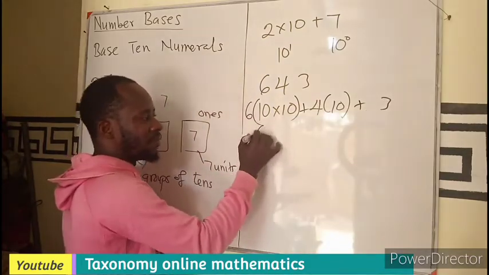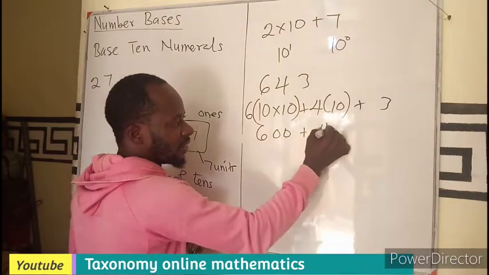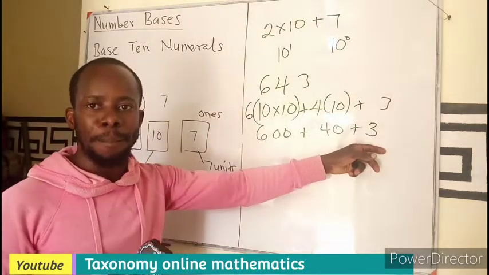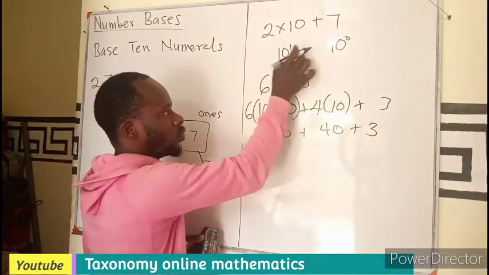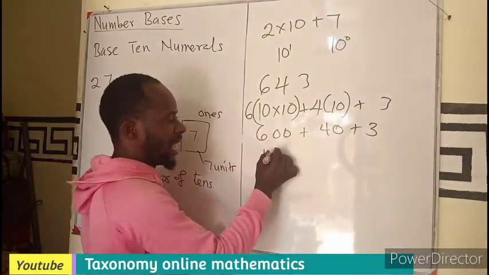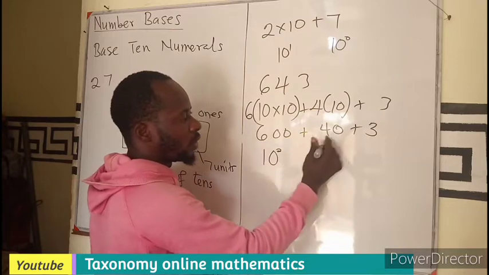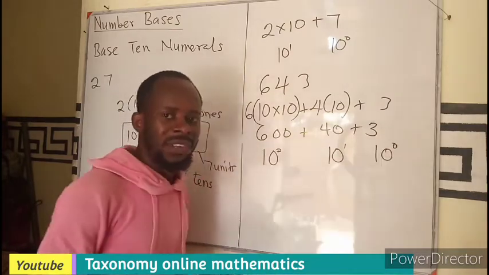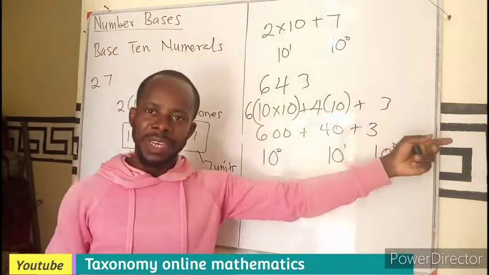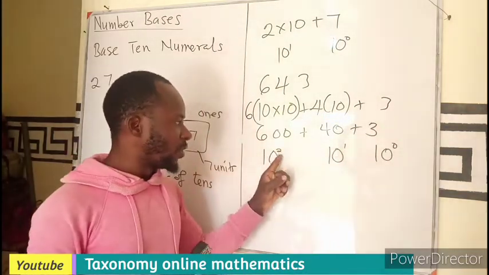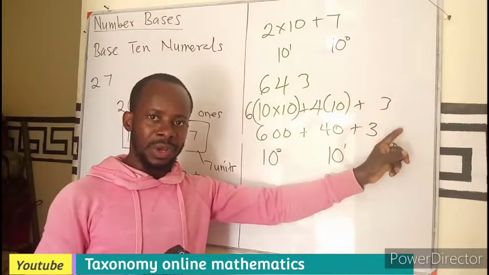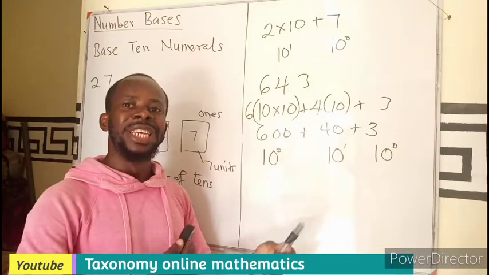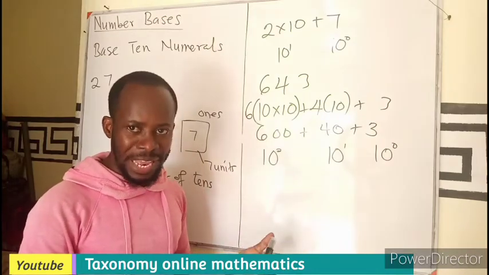So better still, I have 600 plus 40 plus 3, 643. So going back into indices, this gives me 10 exponent 2, this gives me 10 exponent 1, and this gives me 10 exponent what? 0, as in decreasing order. You can say 2, 1, 0. The next will be negative. Alright, so this is what we can deduce in number base 10.